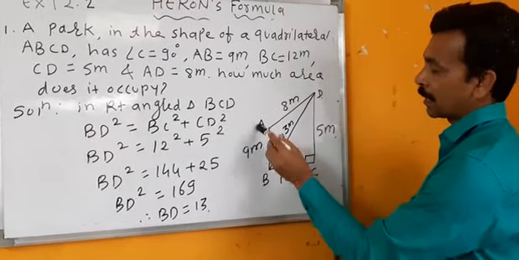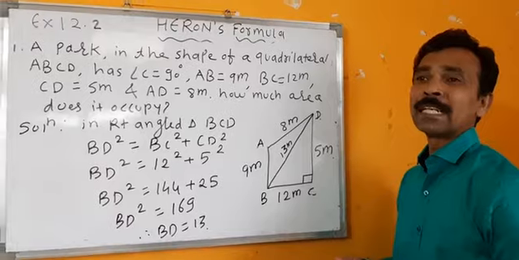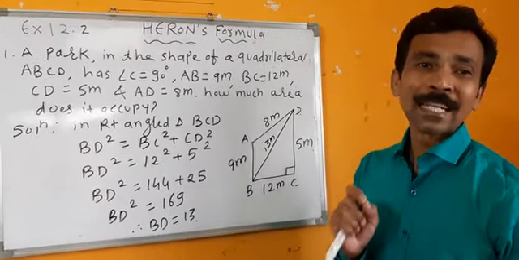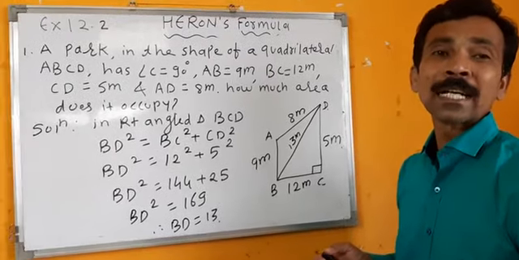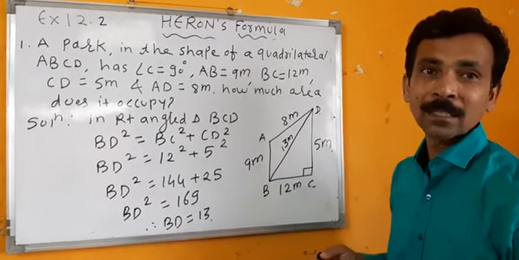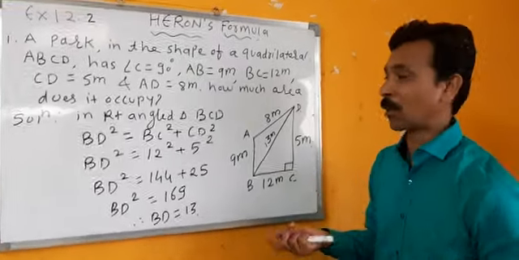Now if you look at triangle ABD, all the values are different, which means it is a scalene triangle. Scalene triangle means a triangle whose all sides are different. Now, first I will find area of triangle ABD using Heron's formula.